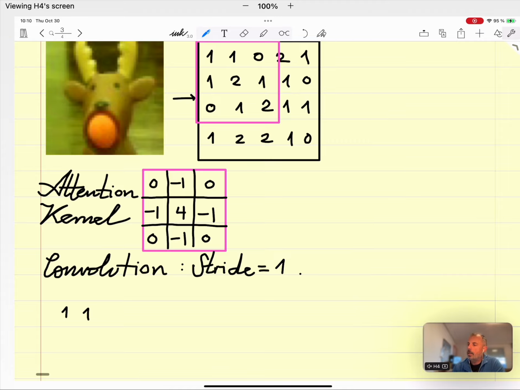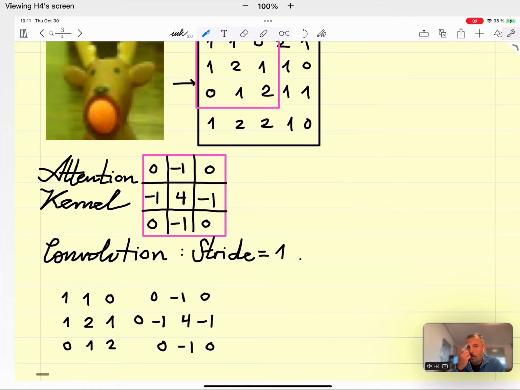We take the window 1, 1, 0, 1, 2, 1, 0, 1, 2, and then we convolve this window with the kernel.